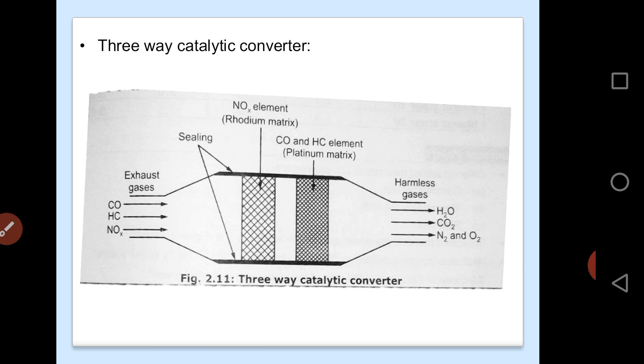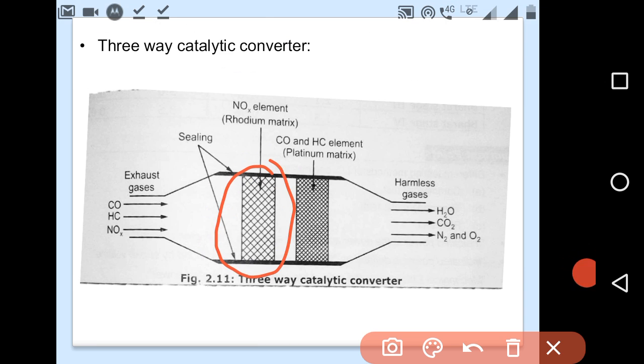Here we use two honeycomb structures, with catalysts like rhodium and platinum or palladium coated on the base metal. You can see there are two stages: this is the first stage and this is the second stage.